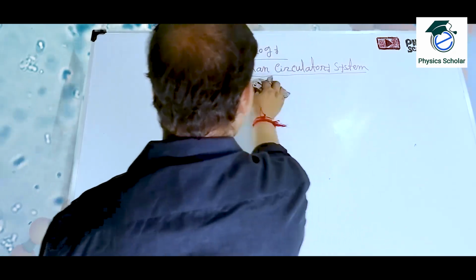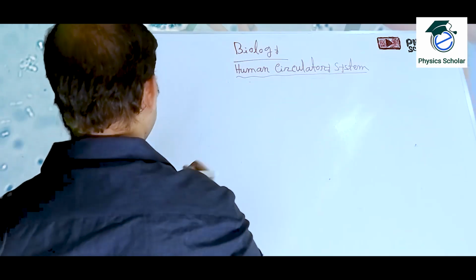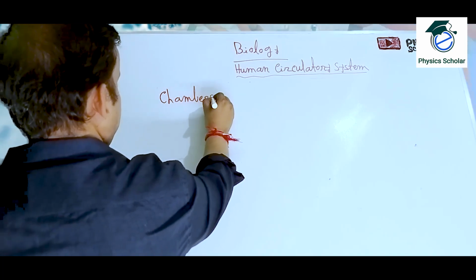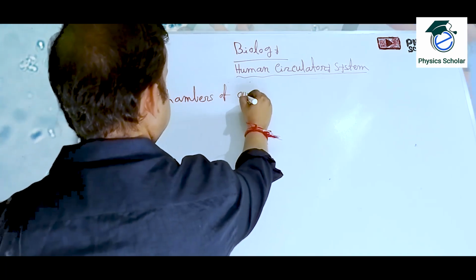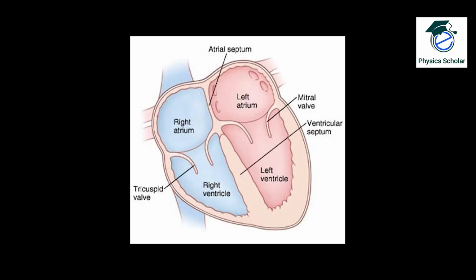So the chambers of our heart. So students, all the mammals including human have 4 chambers of our heart. So what are the 4 chambers?